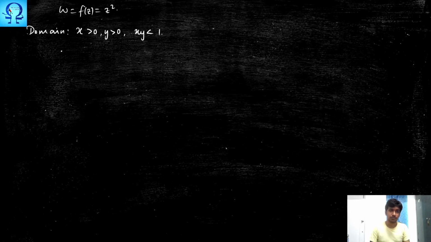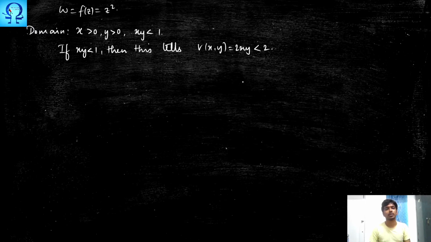If xy is less than 1, then v, that is 2xy, has to be less than 2, right?